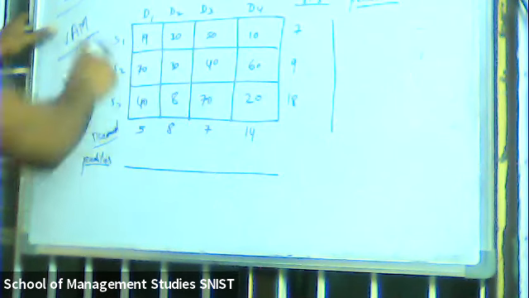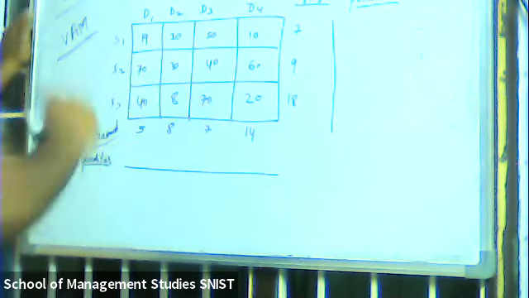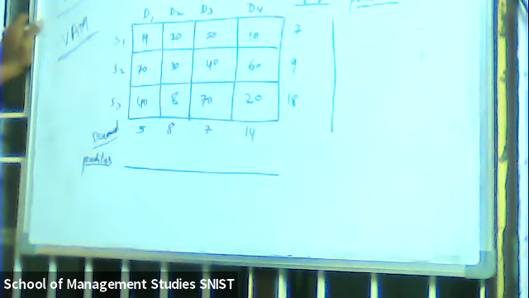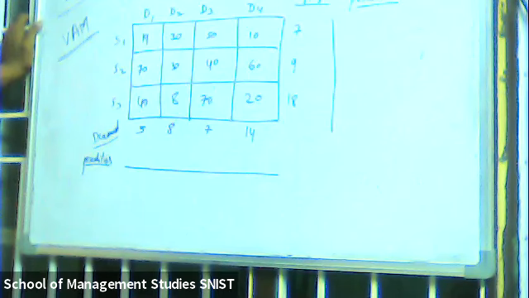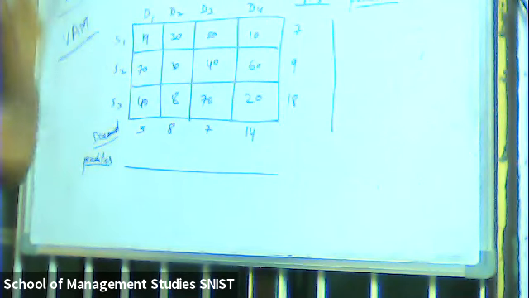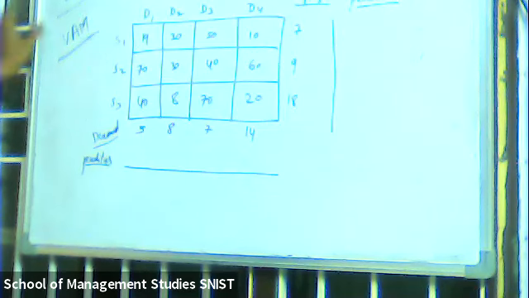In the first row, which one is the minimum value? 10. The next minimum value, 19. The first minimum value is 8, sir. No, in the first row, in S1, not the entire table.